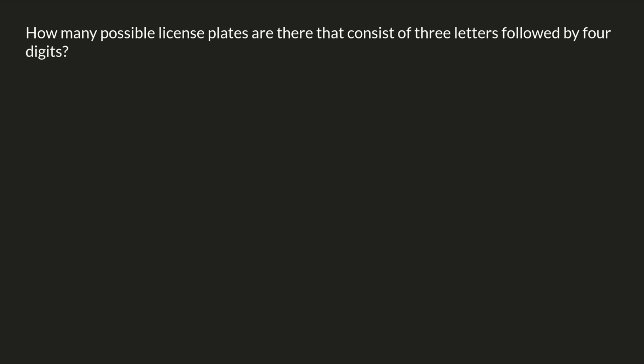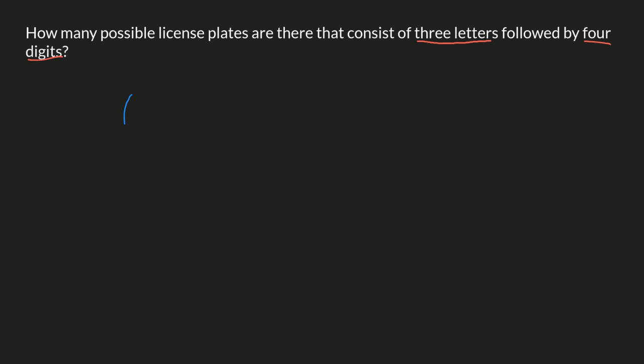Okay, let's do a similar question. How many possible license plates are there? But now they're going to consist of 3 letters. That's the first change. They're going to start out with 3 letters followed by 4 digits. Well, we do this in a really similar way. All we have to do is just keep track of our choices and count our choices.